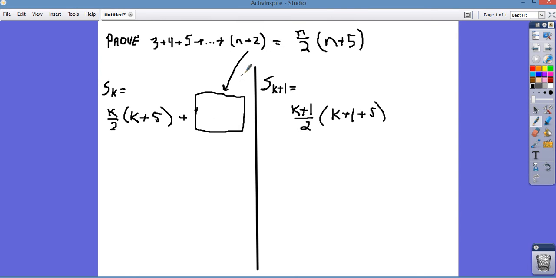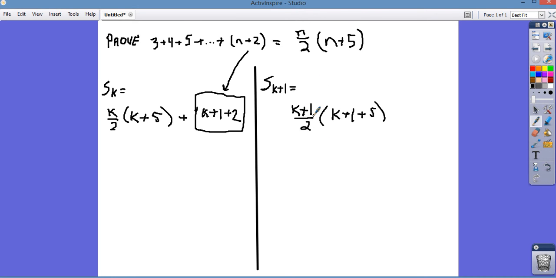So the next number in the sequence would be, remember, the next number is k plus 1, and we're going to add 2 to that. So insert k into your rule, and then use the rule to find the next number in the sequence. You're adding the next number in the sequence, and then we're saying that's equal to the rule if we substitute k plus 1.